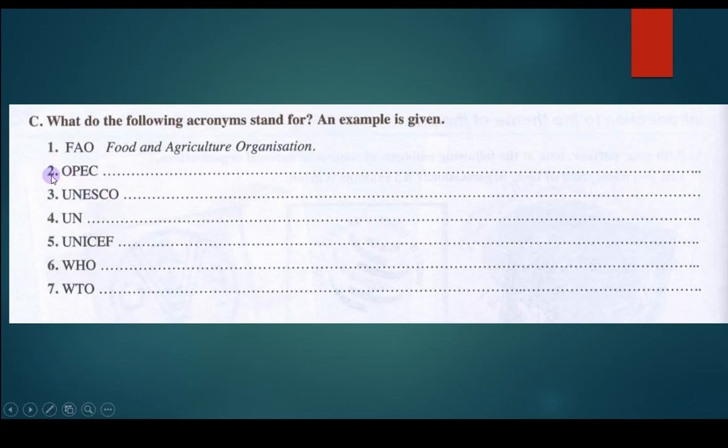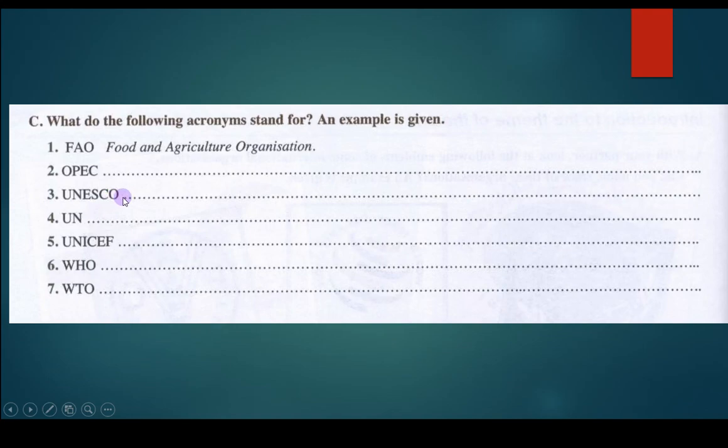So for 2 OPEC. OPEC means Organization of the Petroleum Exporting Countries. بمعنى منظمة الدول المصدرة للنفط. Right? 3.